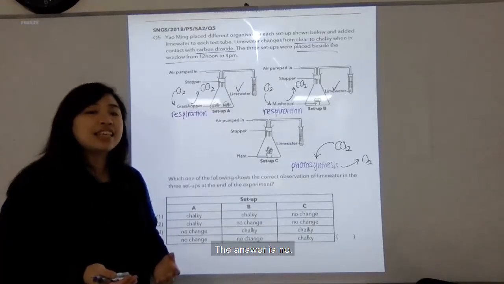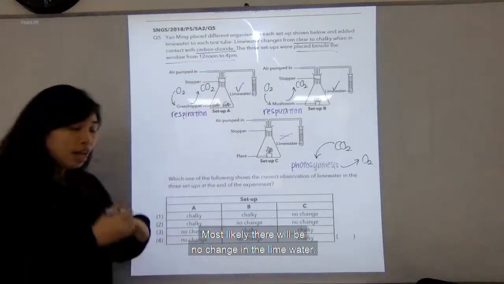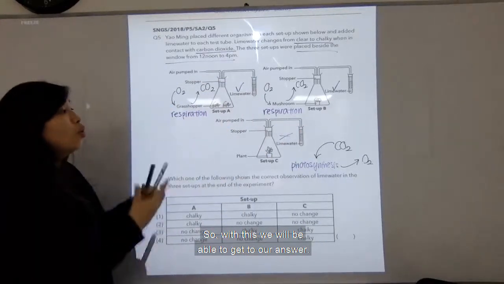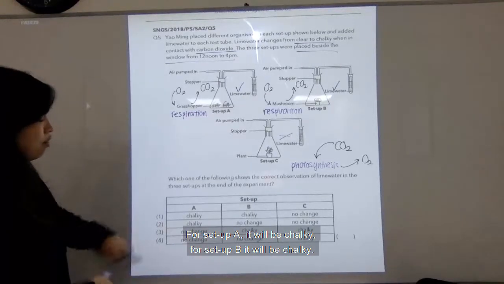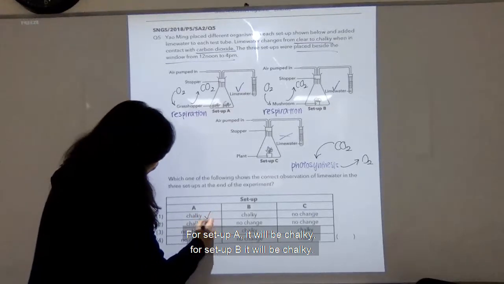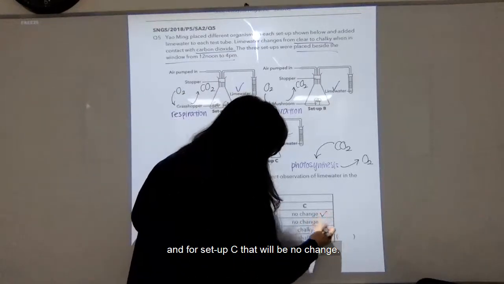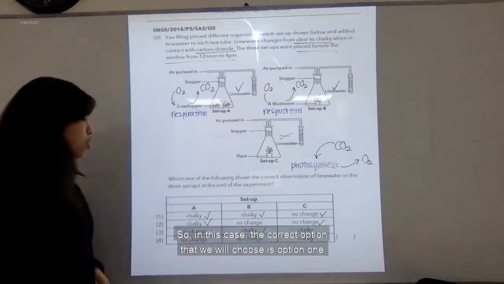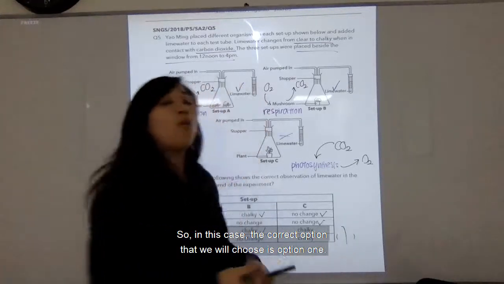The answer is no. Most likely there will be no change in the lime water. So with this, we will be able to get to our answer. For setup A, it will be chalky. For setup B, it will be chalky. And for setup C, there will be no change. So in this case, the correct option that we will choose is option 1.